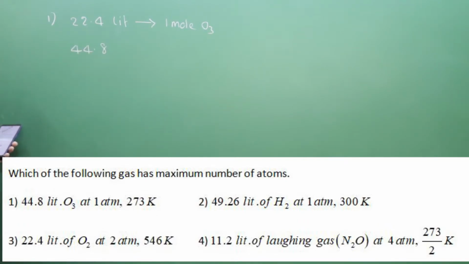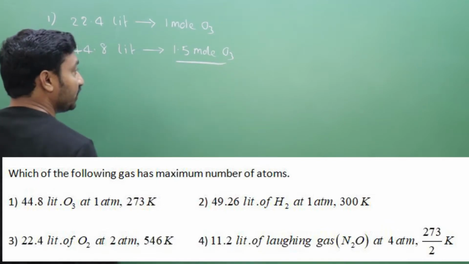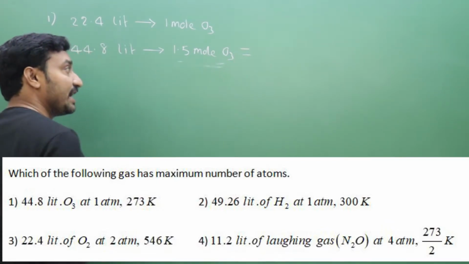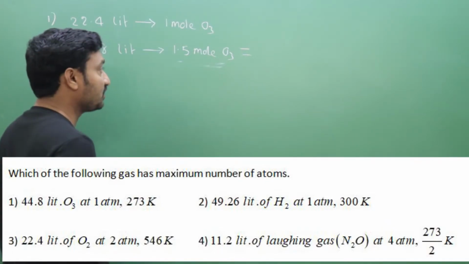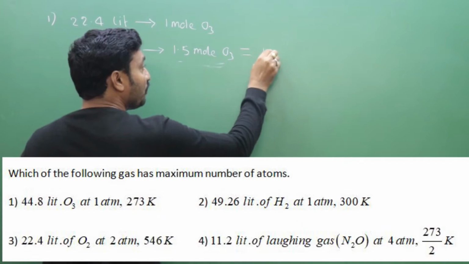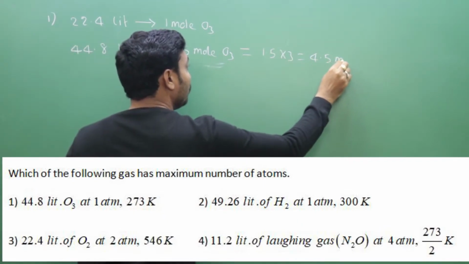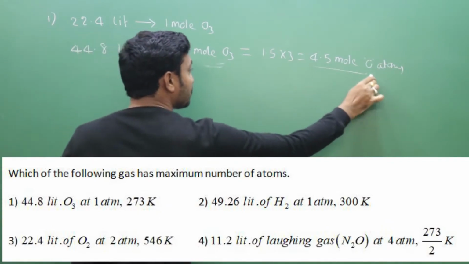Given 44.8 liters, how many moles? 2 moles of O3. Each mole has 3 oxygen atoms, so 2 into 3, that is 6 mole oxygen atoms. In option 1, we are getting 6 mole oxygen atoms.